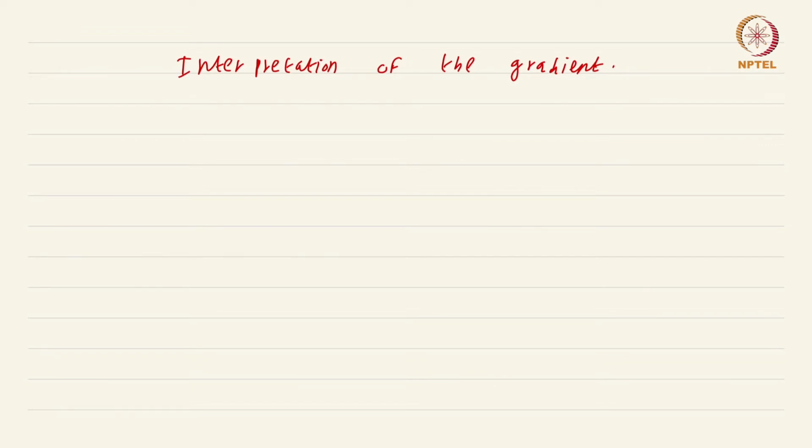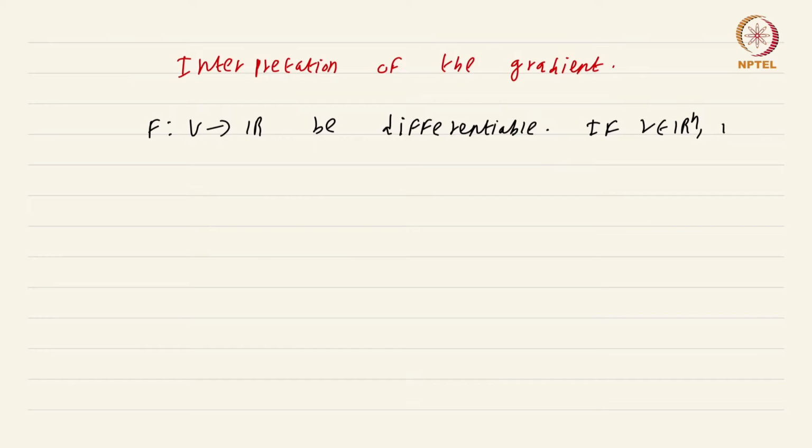So let f from U to R be differentiable. Now we know that if v is in R^n, v is not 0, then the directional derivative along v at the point x is nothing but the gradient of f at the point x dot product the vector v.